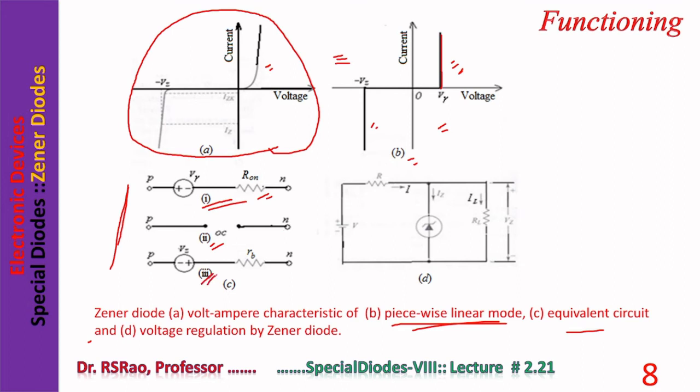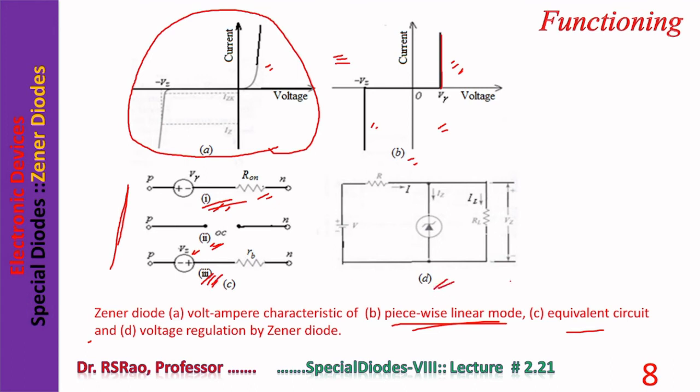When it is working under reverse bias at voltage Vz, then 3 gives the equivalent circuit. So the first one is the equivalent circuit under forward biased condition. The second one is under reverse biased condition, but reverse bias voltage is less than Vz. When it is working at Vz, the third one is the equivalent circuit.